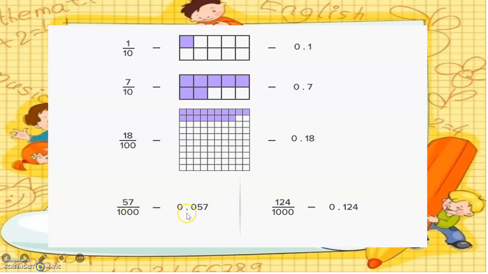So 1000 has 3 decimal places, 1, 2, 3. 124 over 1000 is 0.124, say 0, 1, 2, 3. So if the denominator is 1000, it has 3 decimal places.